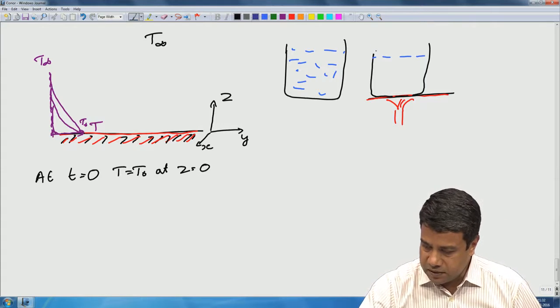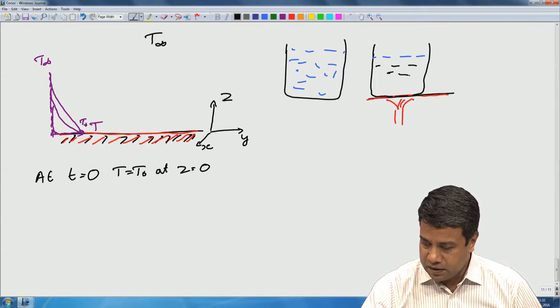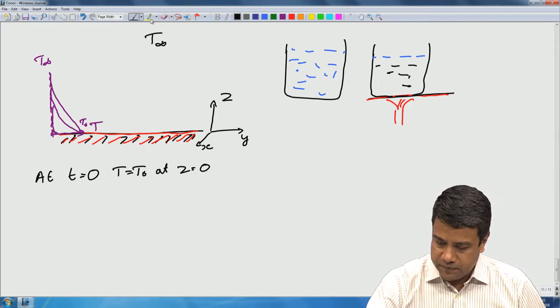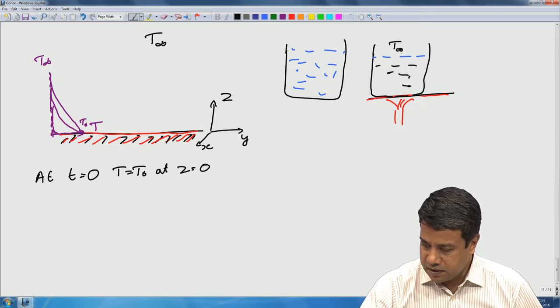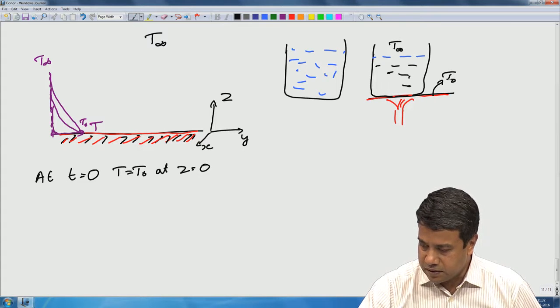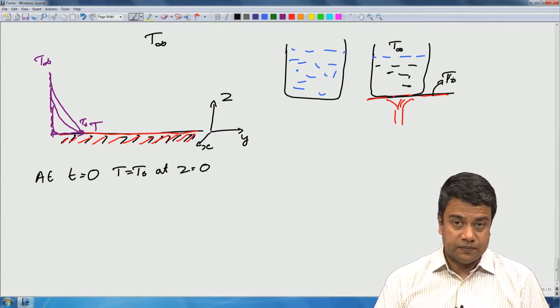So, initially the fluid was at room temperature, that is T infinity, and at time t equal to 0, instantaneously you put the surface at temperature T0. So, that is an idealization of that problem.